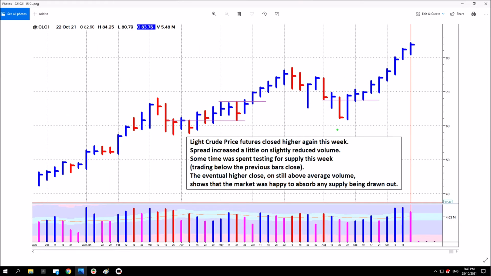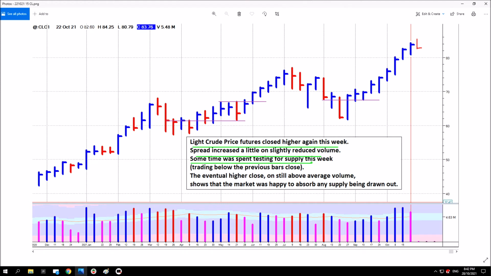Like crude, the crude market attempted to go higher earlier in the week, and it's lost a little bit of ground over the last 2 days. It looks something like that so far. I wrote light crude price futures closed higher again this week. Spread increased a little on slightly reduced volume. Some time was spent testing for supply.